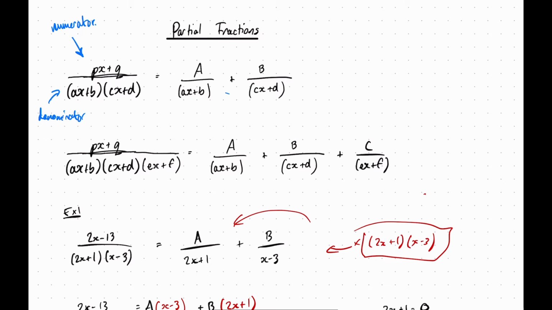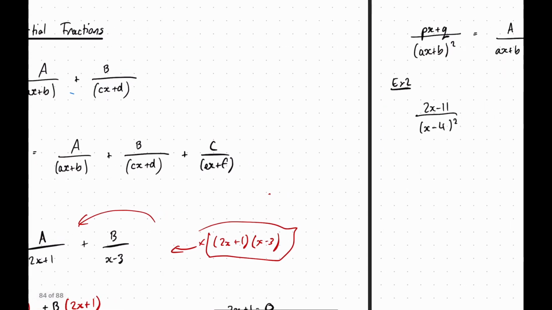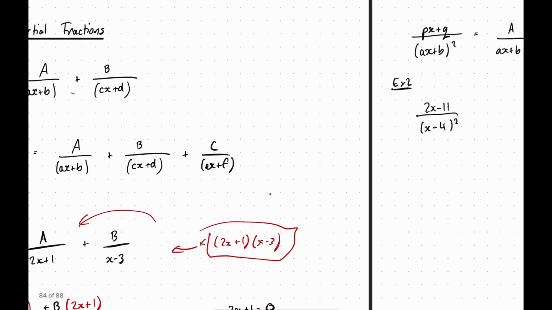But if it was a quadratic over cubic, just do what we've just done. Things will eventually cancel out, potentially. I think generally they like it just as a linear on top, but they can be quadratics, and we'll look at that in a second. At least I think they can be quadratics. Yeah, they can be. Yeah, cool.